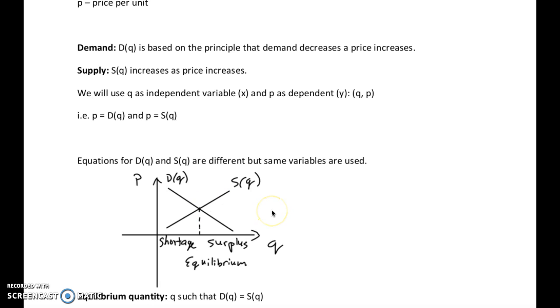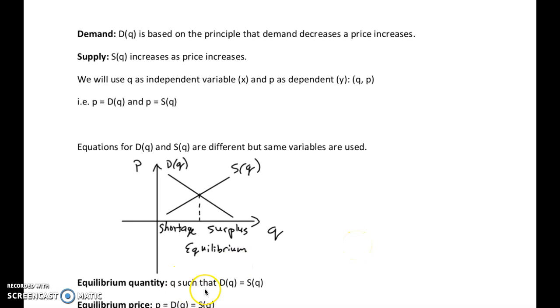That's where everybody is happy, where the producer is making a profit and the consumer feels like they're getting a good deal. Okay. If the price is too low, they're willing to supply less, and so there's a shortage. When the price goes up, the consumer buys less, and therefore there is some sort of surplus going on. All right.